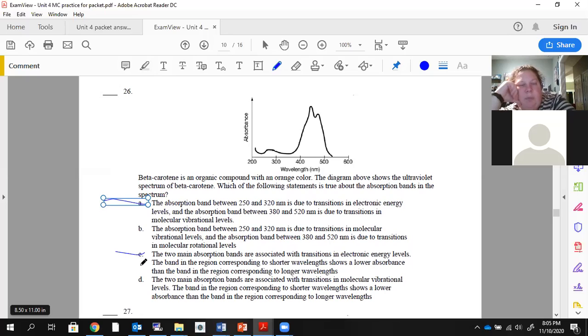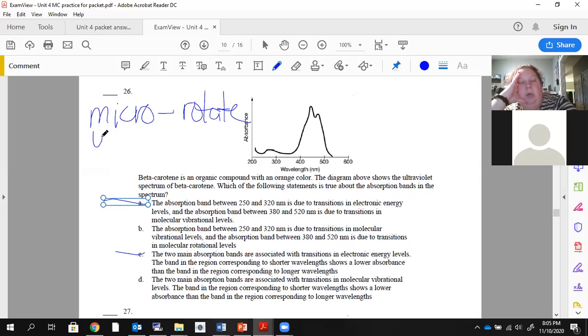Yeah. Okay, so this is a question dealing with the different types of electromagnetic radiation and how they affect molecules. You're just going to have to memorize the fact that microwaves cause rotations, not UV.